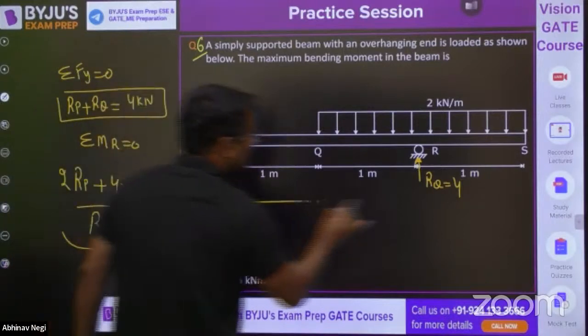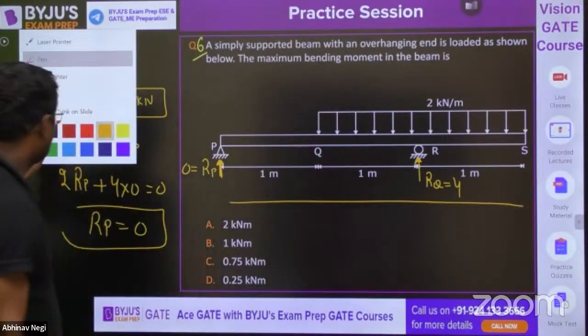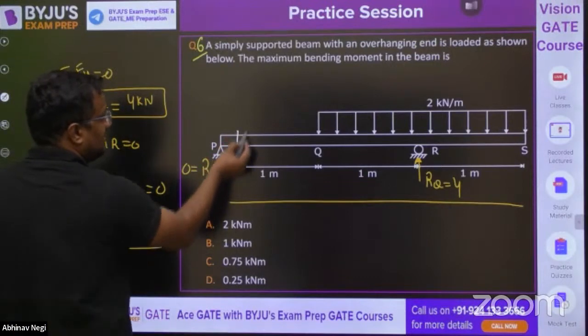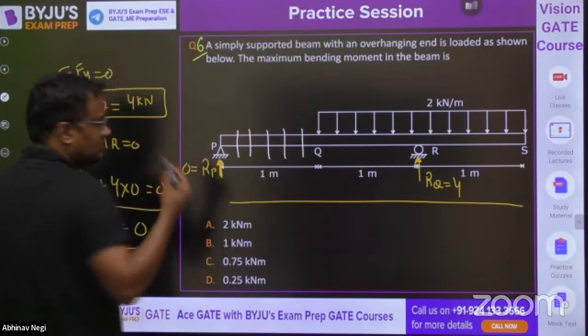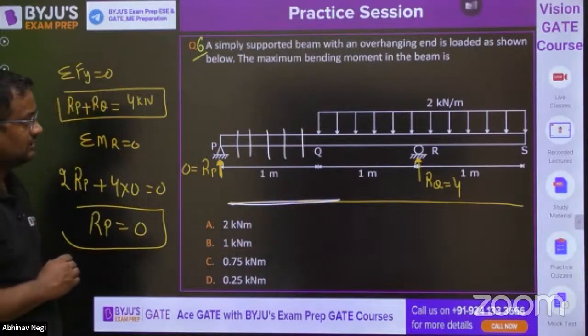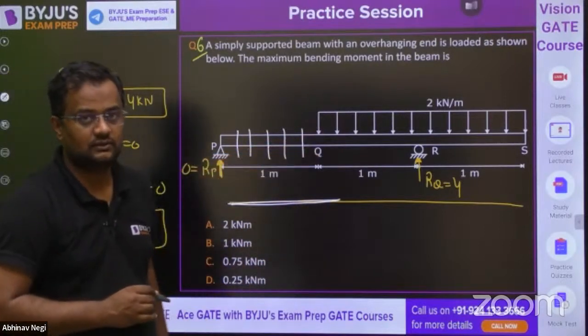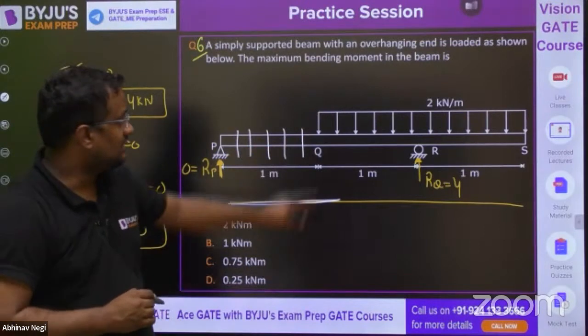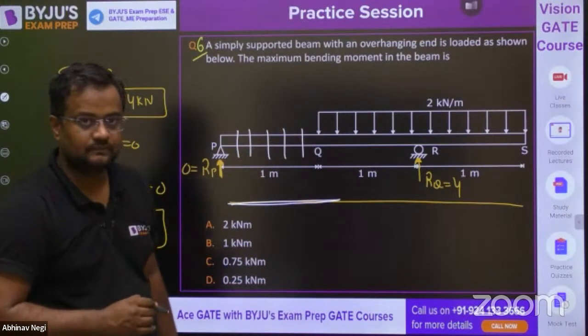Okay, so if you draw the bending moment diagram, here this is 0. From the left-hand side there is no bending moment here. Bending moment is only coming from here.